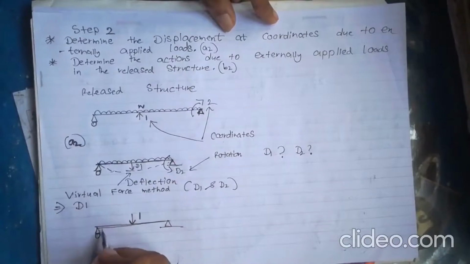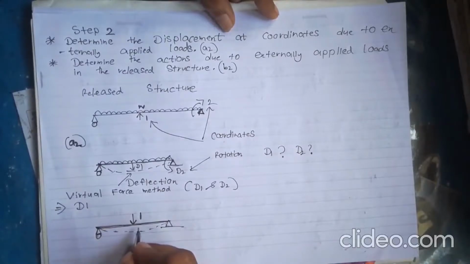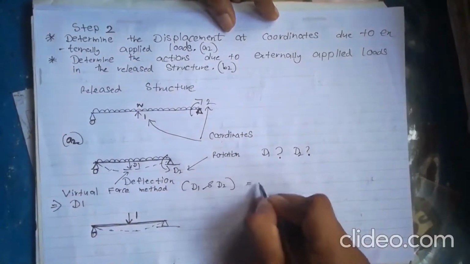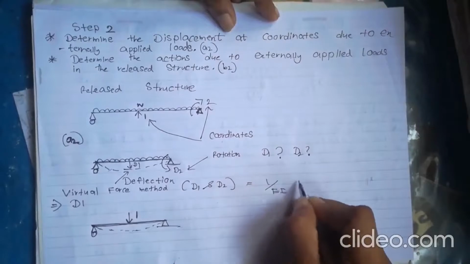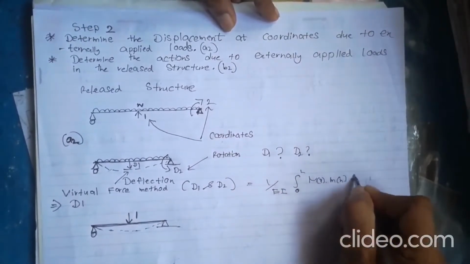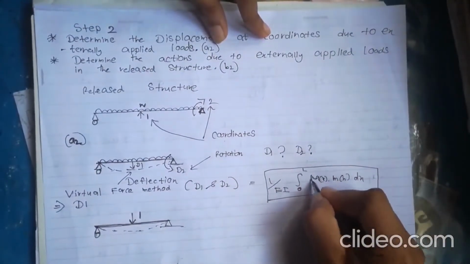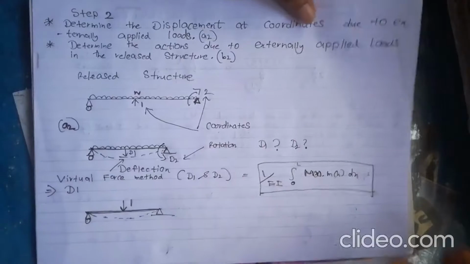To find the deflection at coordinate 1, I put a unit load in the position where I need the deflection, which is coordinate 1, and the direction of the unit load is the direction of the deflection. This is the equation of the virtual force method.